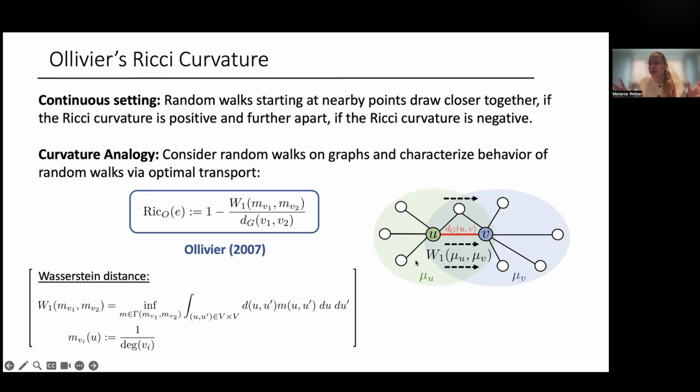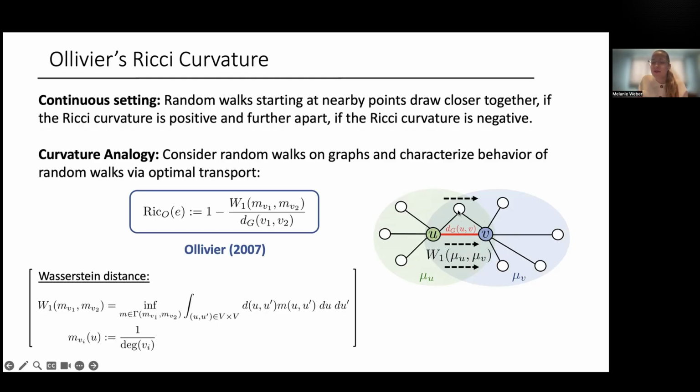This would be a sort of classical uniform random walk. And then we can look at how these two random walks, one starting at U, one starting at V, behave, or if they stay close by or draw apart.